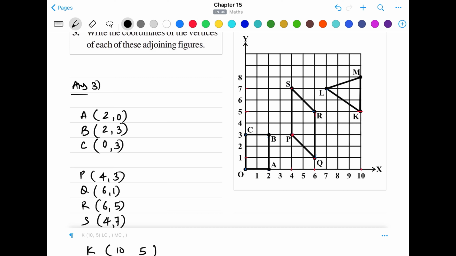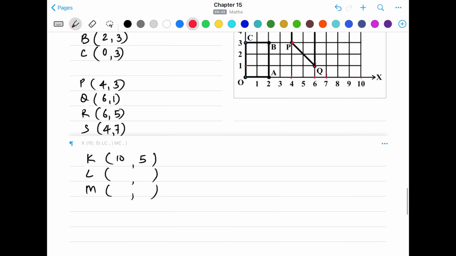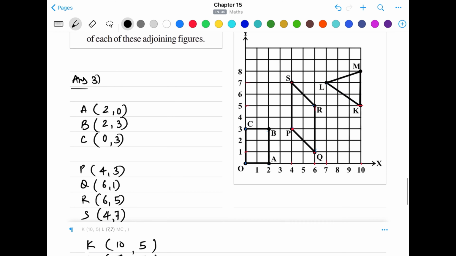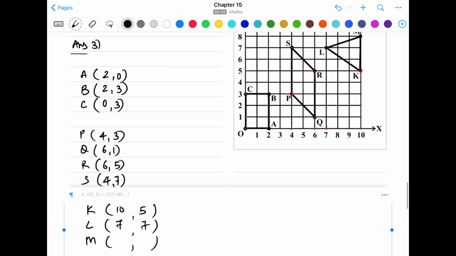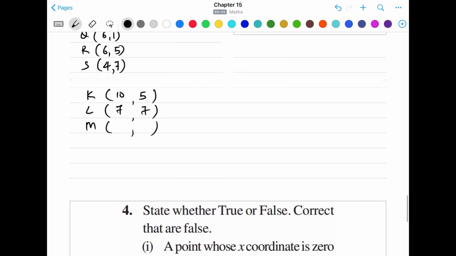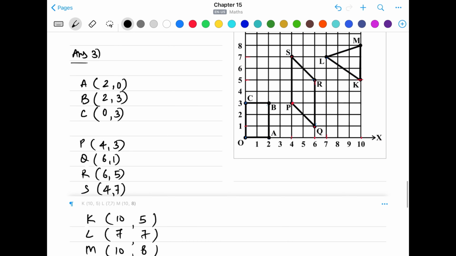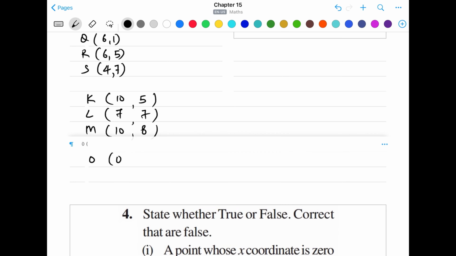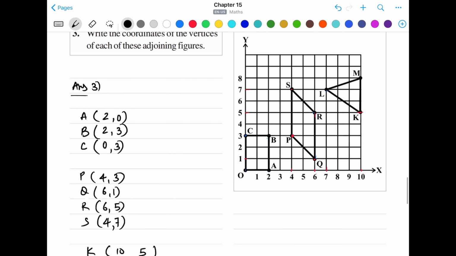For L, the x is 7 and y is also 7, so it's at 7 7. And for the last point M, x is 10 and y is 8. Or if you want to write the coordinate of the origin also, it is 0 0. So these are the coordinates of all the points marked on this graph.